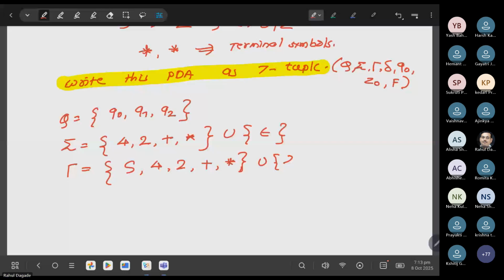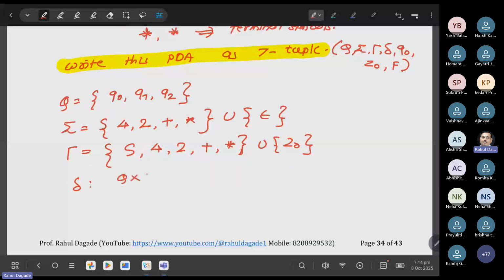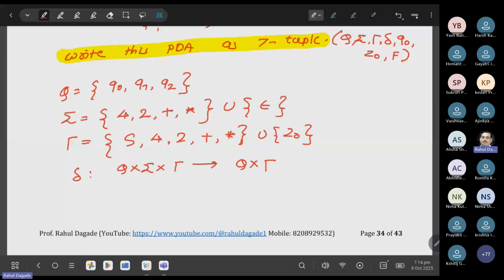Now delta. So what will be the delta? Delta is Q cross sigma cross tau gives Q cross tau. Okay, so let us write down all these parts of your production.